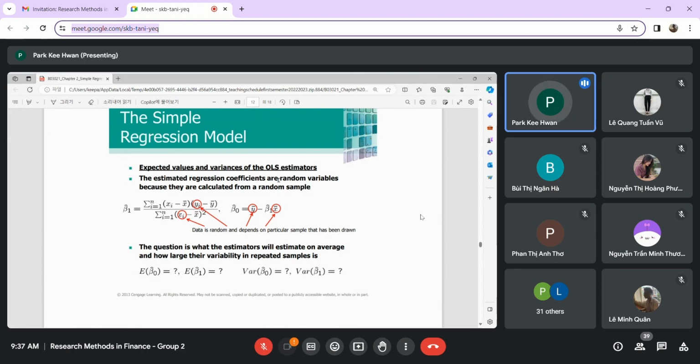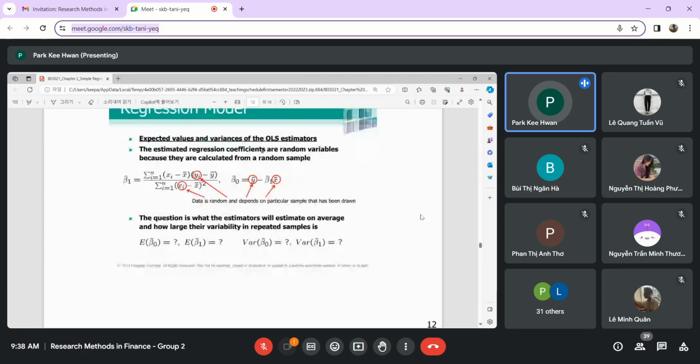All right. Now, because the OLS estimators are random variables, they have a probability distribution, and they also have parameters of the distribution, which are the mean and the variance.